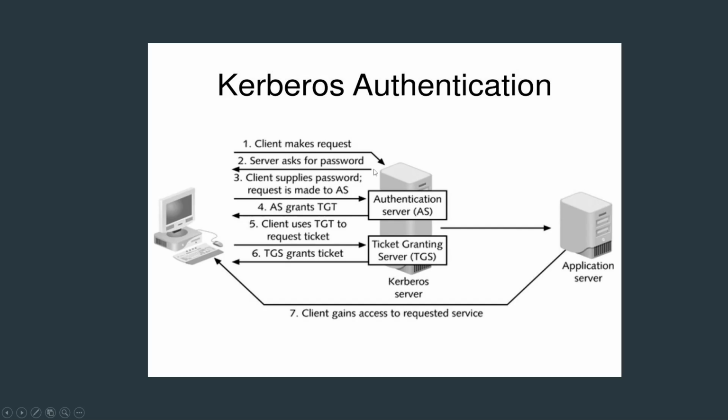Then the server will ask for the password. You provide me the password, so the client will supply the password. This will give you a ticket. You take this ticket, and after authentication, you take that ticket and ask for granting permission.